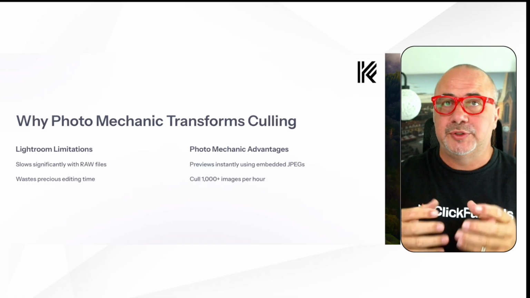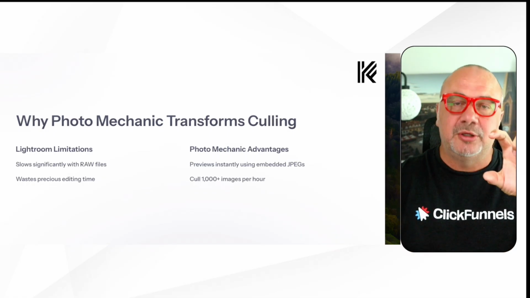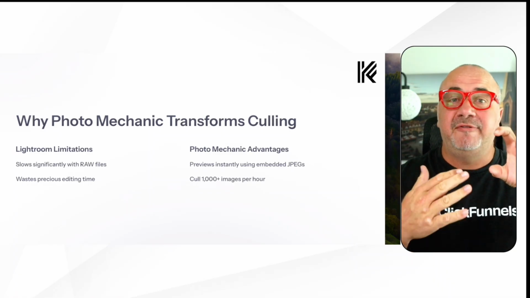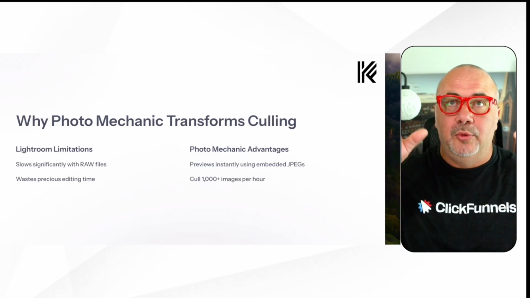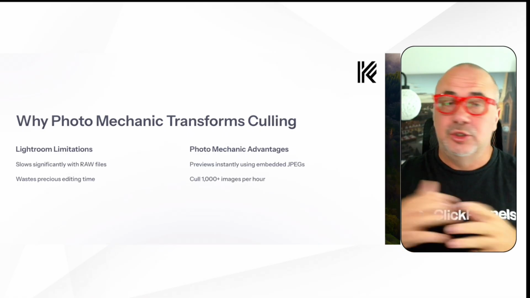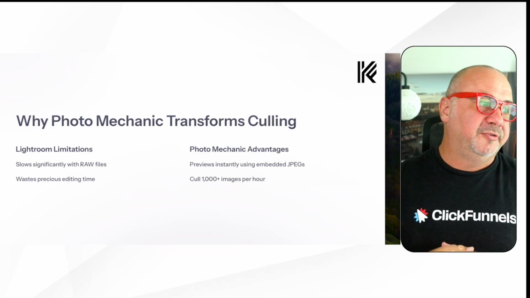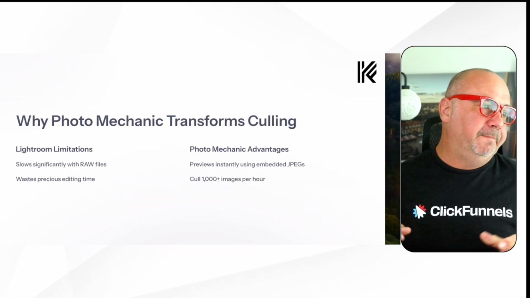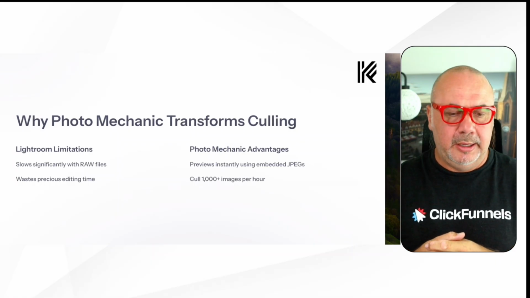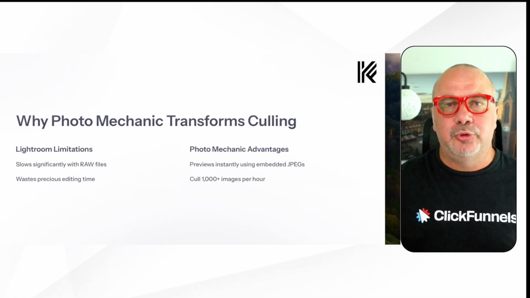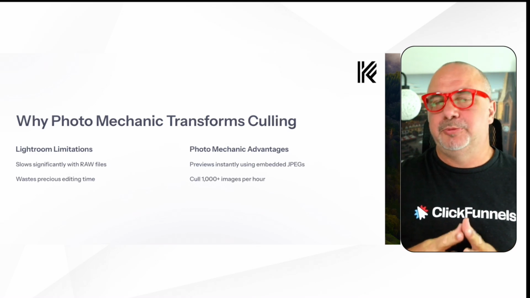Photo Mechanic is able to grab that little preview, that little image of the file. It doesn't load the entire file, but in terms of looking at selections and working with the little previews on your screen, it's totally okay. And it's super fast. In terms of speed, I'm at the point right now where when I'm doing my image selections, it's probably around 1,000 images per hour.